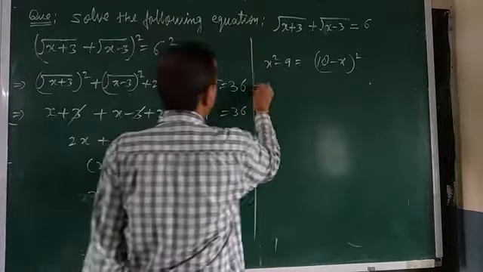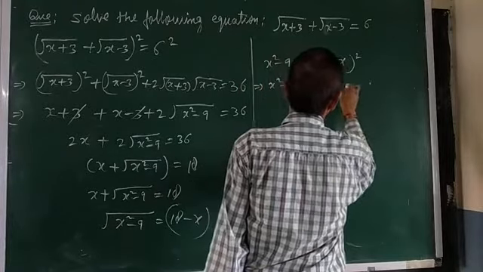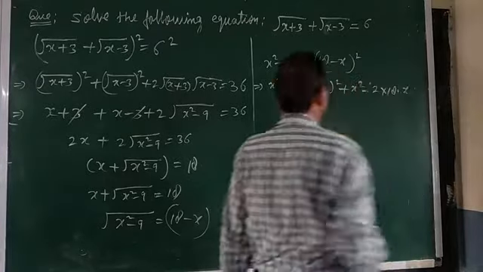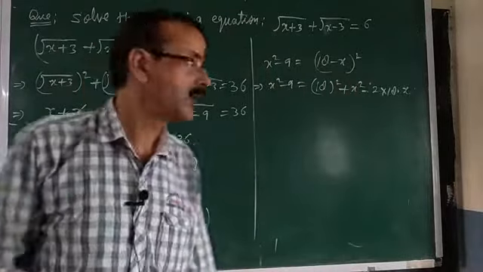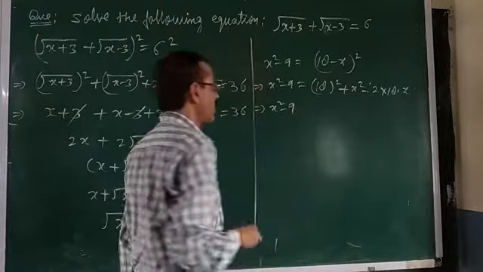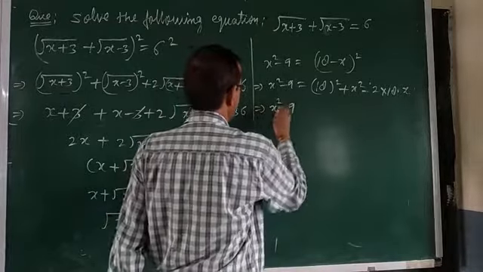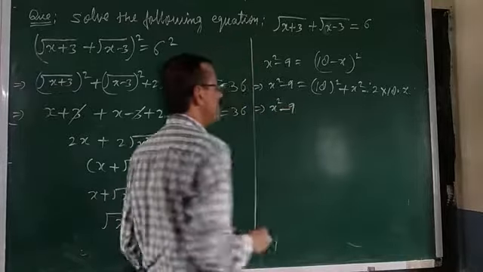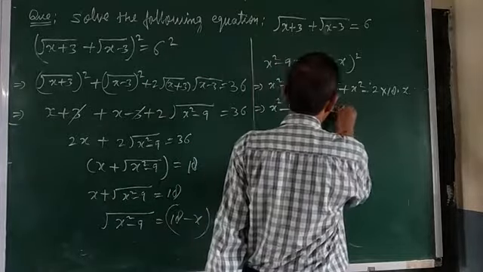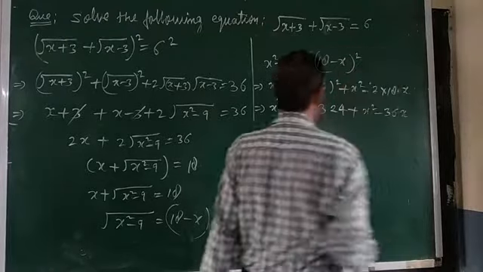Right? Now apply: x square minus 9 is equal to 18 square plus x square minus 2 into 18 into x. That is a square plus b square minus 2ab. So x square minus 9, no doubt in this. 18 square will be equal to 324 plus x square minus 36x.